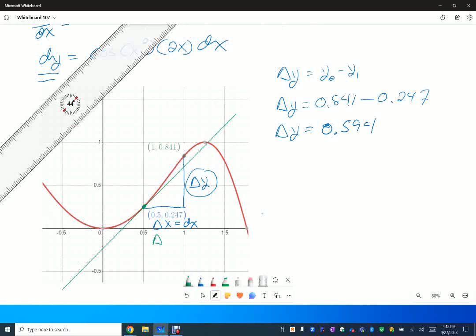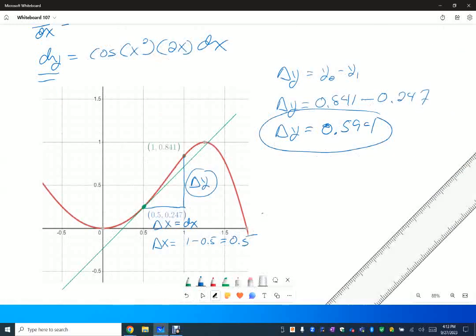Delta x, we're going from 0.5 to 1, so delta x, of course, is x2 minus x1, which is 0.5. So when I move over half a unit in the x direction, on the actual function, the y value goes up by 0.594.